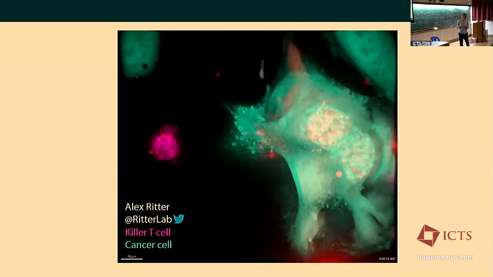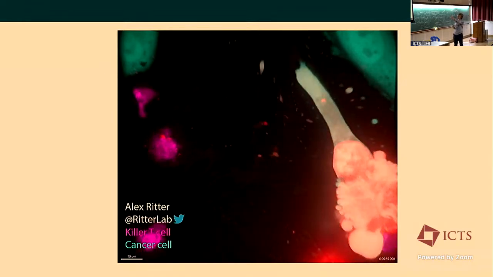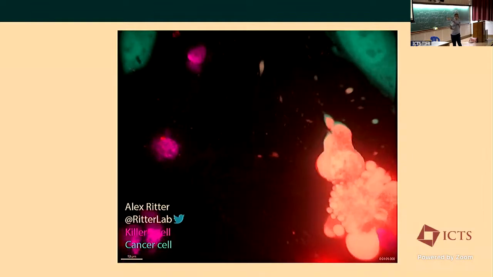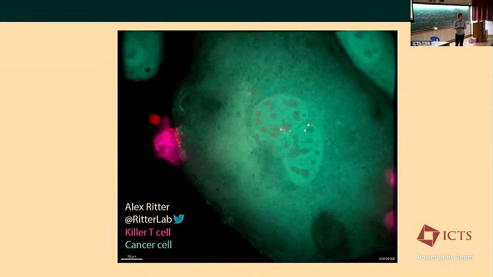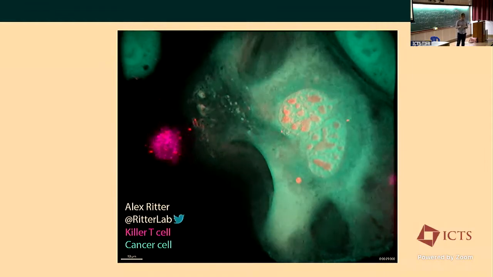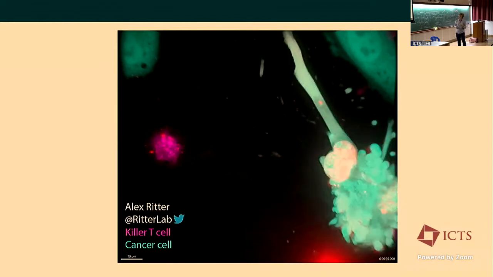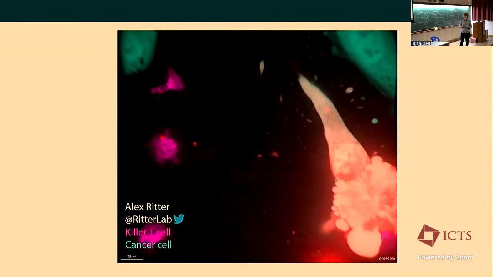And so with that comes the question of how does this cell interact with its target cells, and how does it know what's going on within the proteome of the cell so that it can decide whether to kill or not to kill. That's the question of how these cells become specific to a certain target.